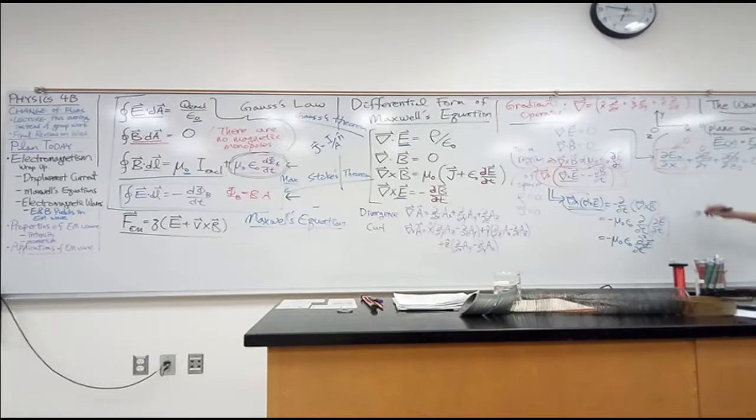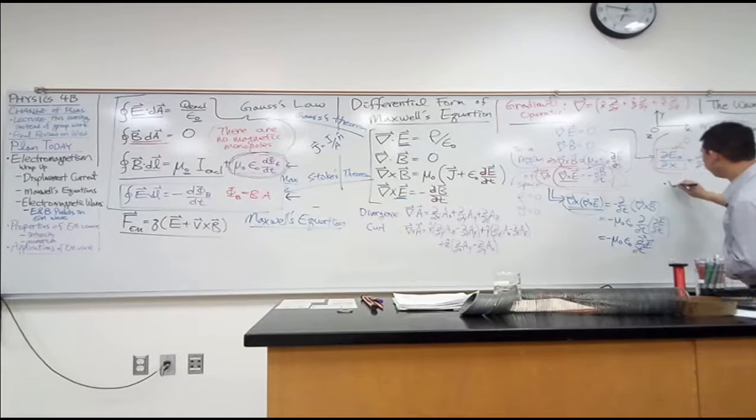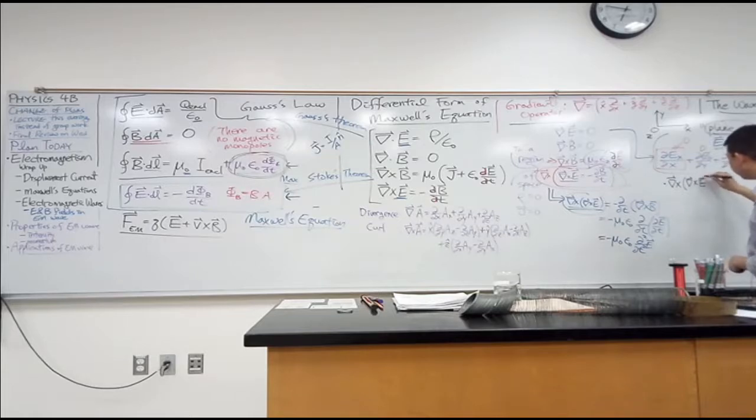So let me do it this way. To start me off, curl of electric field is equal to, and I'll leave the outer layer alone, and I'll do the inner layer first. And as I'm doing the inner layer, any term that I recognize from the get-go as 0, I'm not going to write it down.